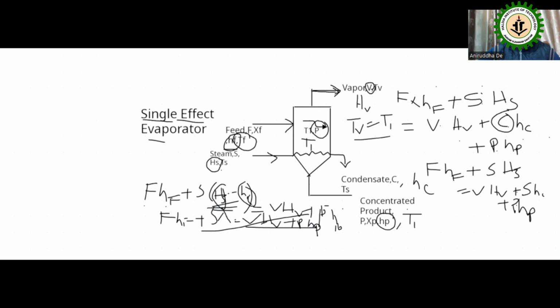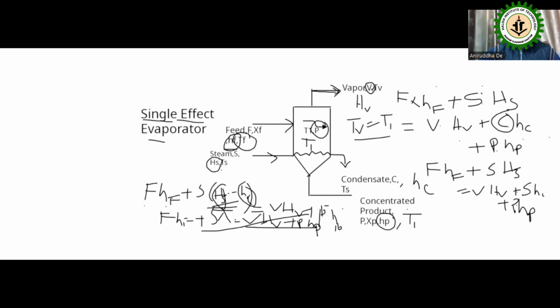Generally, we also know that whenever any food material boils, if it contains 90% or 95% water, and we assume the boiling point is the same as water, the solution will boil at 100 degrees centigrade.